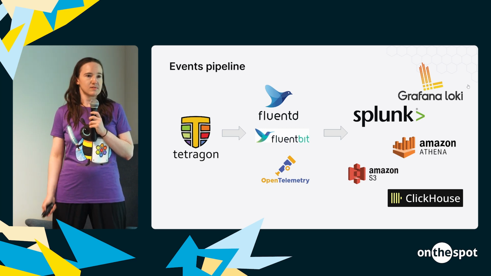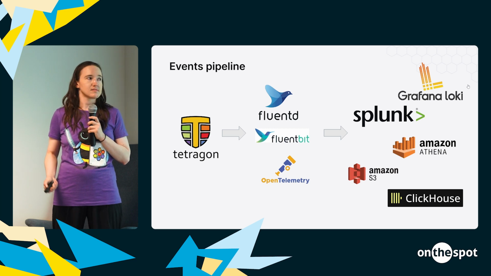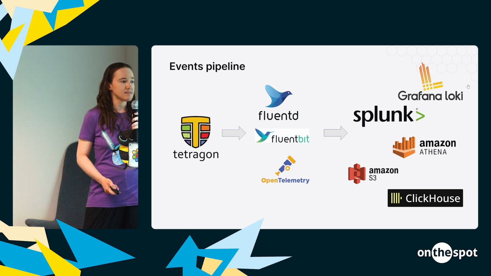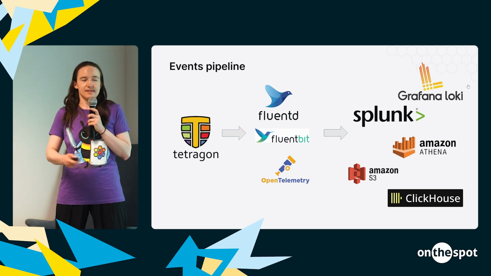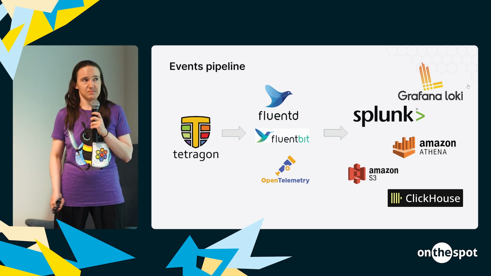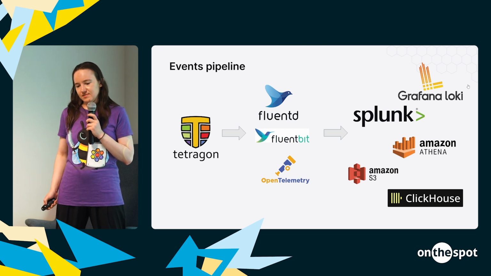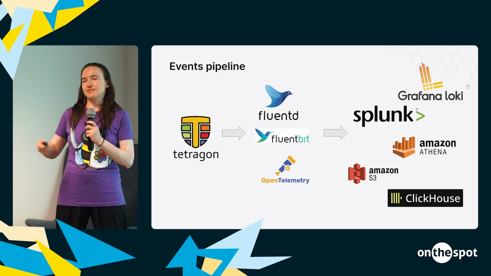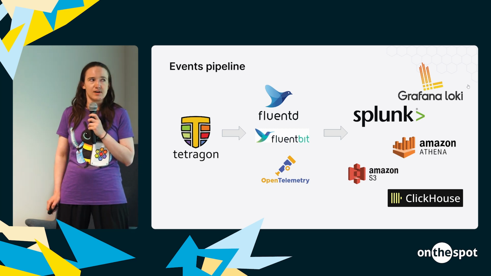In the Kubernetes world, this usually involves some logs collector, so something like Fluentd, Fluent Bit, or OpenTelemetry collector, and then the events can be exported to any tool that collects logs, like regular application logs. So Grafana Loki is a popular one.